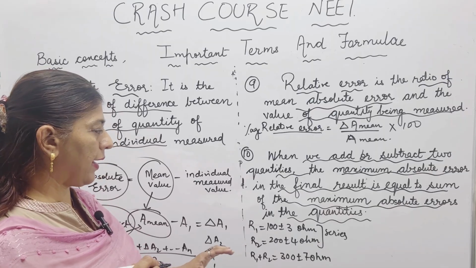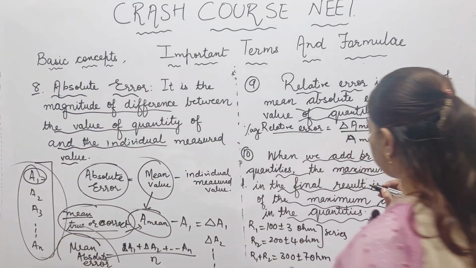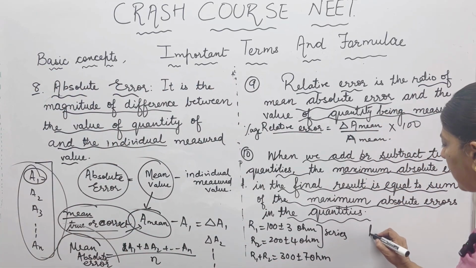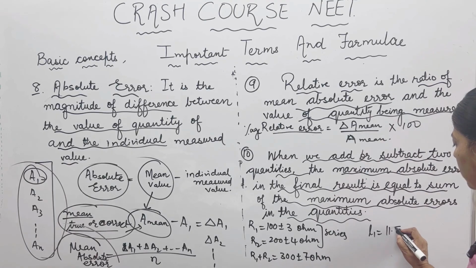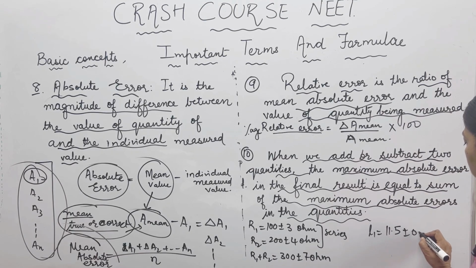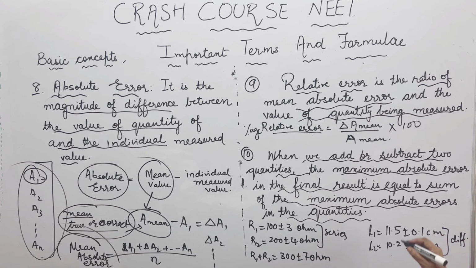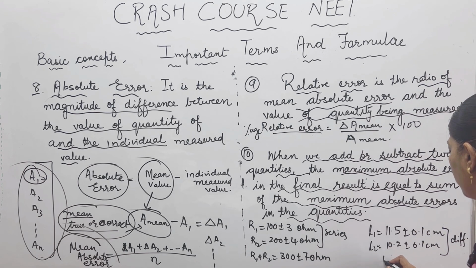So that are added. In case there are two lengths, say L1 is equal to 11.5 plus minus 0.1 centimeter and L2 is 10.2 plus minus 0.1 centimeter, and the difference is to be taken out of the two of them, then it will be 1.3 plus minus.